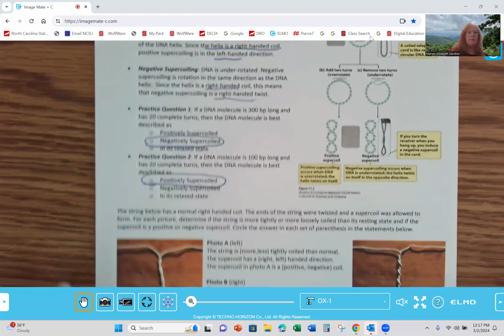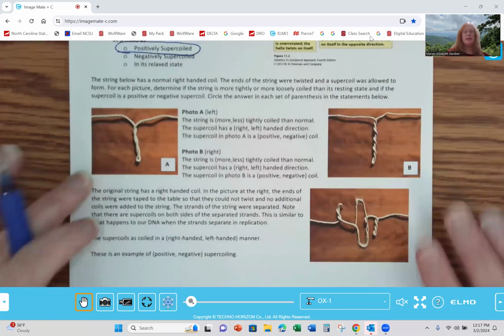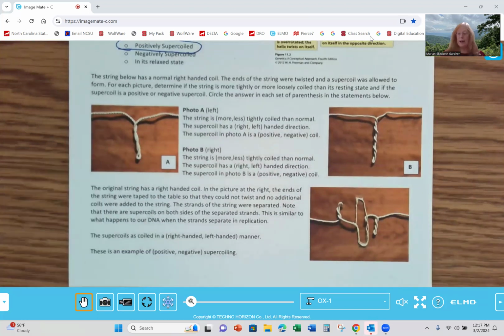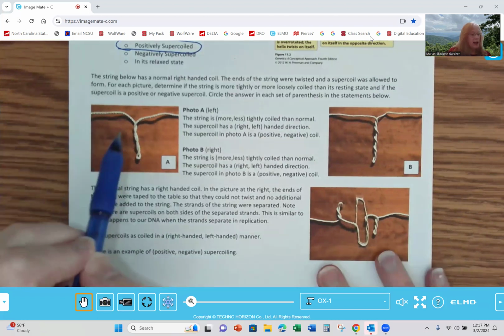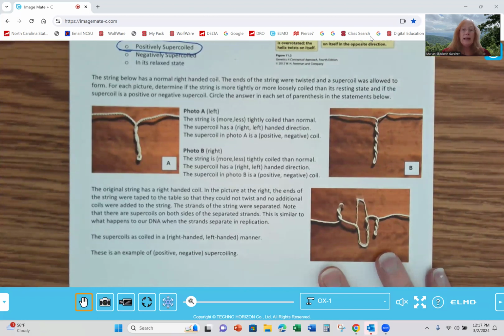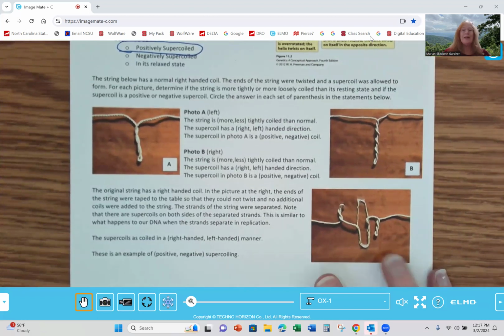So I've got some examples with my string. So you can see these pictures close up. The string here has a normal right-handed coil. This is my string. The ends of the string were twisted and the supercoil was allowed to form. And for each picture, you want to determine if the string is more tightly or more loosely coiled than its resting state, and if the supercoil is a positive or a negative supercoil.